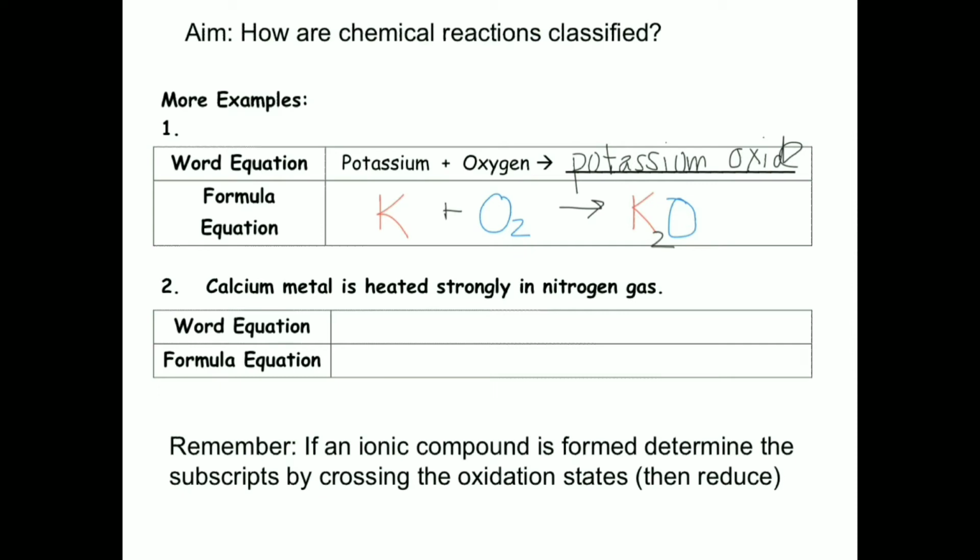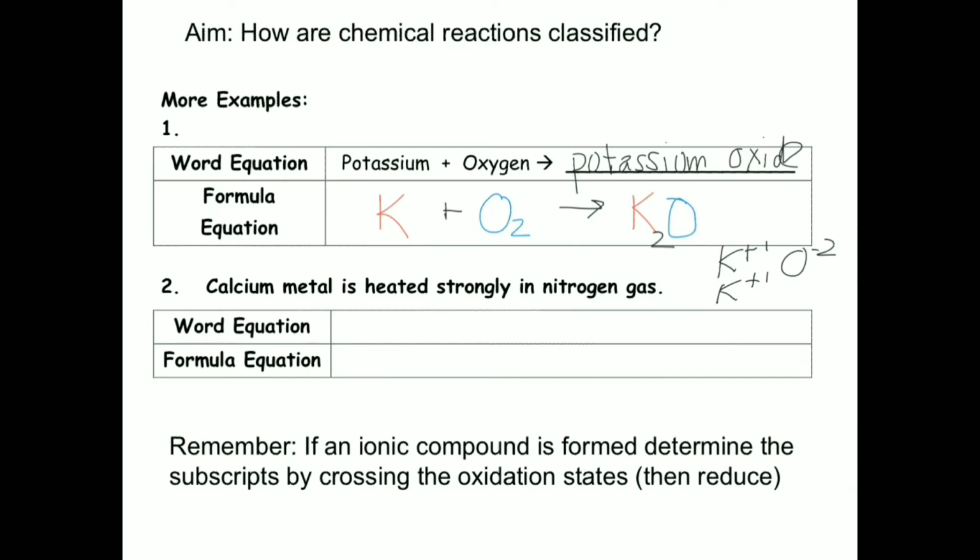Notice though, when a diatomic element forms a bond, like oxygen in potassium oxide, it does not necessarily have to have a 2. The subscripts of the bonded compound are set so that the total charge of the compound is 0. Since potassium has a +1 charge and oxygen has a -2 charge, 2 potassiums are required for every oxygen.